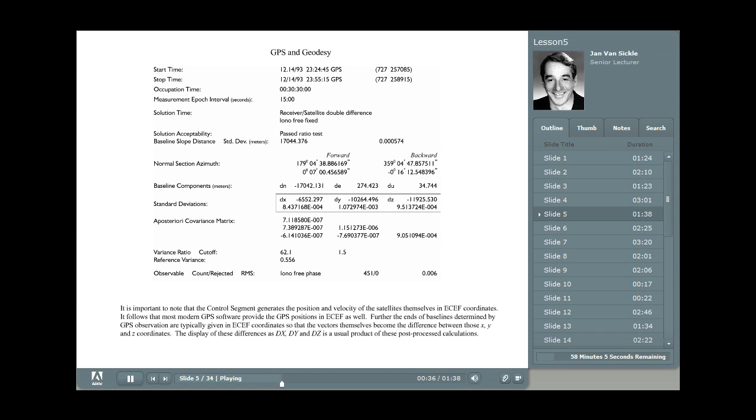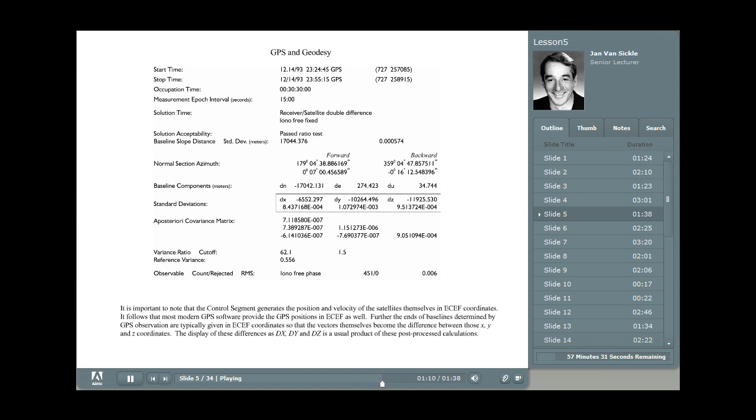Now, these differences are the differences between the xyz coordinate of one end of a baseline and the xyz coordinate of the other. So in other words, it's possible to define the vector by the difference in x, the difference in y, and the difference in z in this three-dimensional Cartesian coordinate system based on the center of mass of the Earth. And this is the way that the GPS receivers actually define the coordinates that are derived.